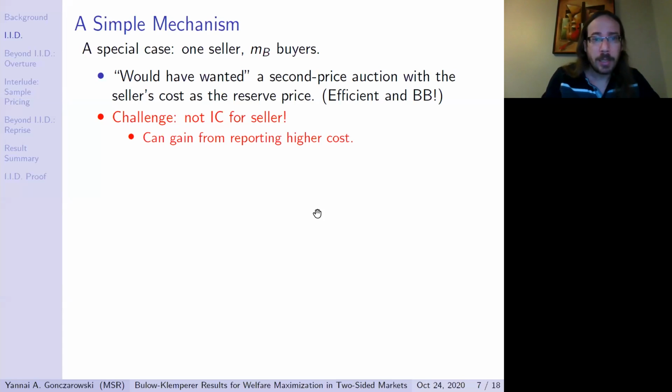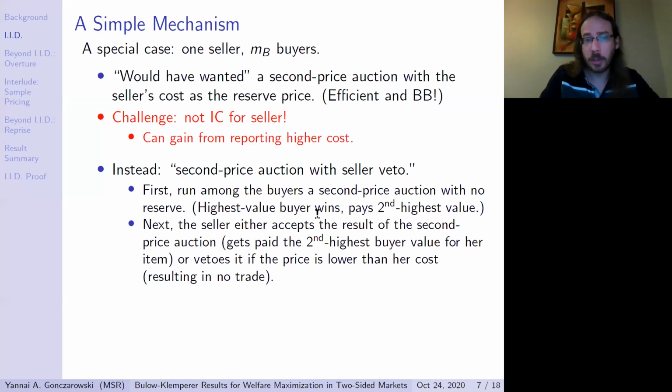And so second try here would have been, and this is actually what we're doing, second price auction with seller veto. Takes a while to think about and understand why it's right, but it's a very simple mechanism actually. First, among the buyers, you run a second price auction with no reserve. So the highest value buyer wins and pays the second highest value.